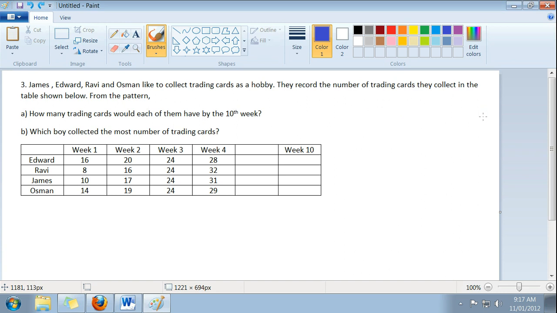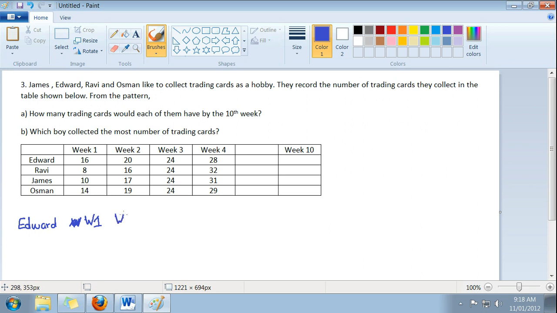Alright, let's look at Edward's. Now rather than writing the whole word, I'm just going to write W, and that's going to mean week 1, okay?